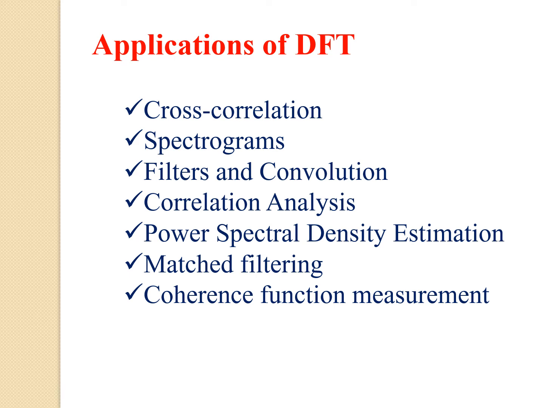It finds its major application in filters and convolution of signals, and DFT is also used for correlation analysis between signals, and it is also used for estimating the power spectral density of any given signal, and it finds its application in matched filtering, and coherence function measurement is also possible using the applications of DFT.